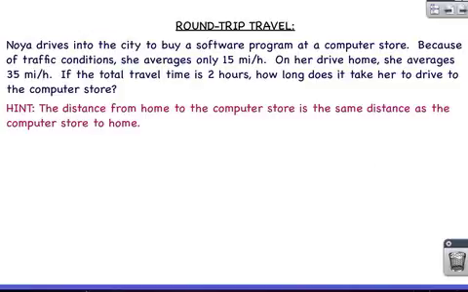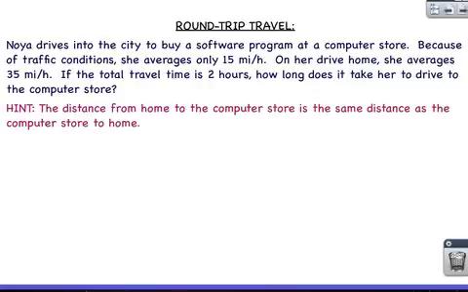So those two problems were same direction travel. Now let's talk about an example of round trip travel. Noya drives into the city to buy a software program at a computer store. Because of traffic conditions, she averages only 15 miles per hour.